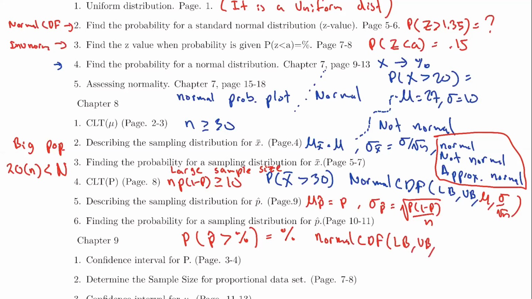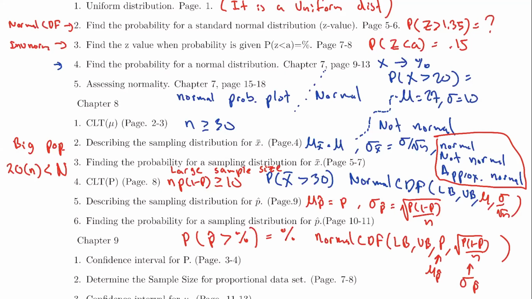But what makes it different from the normal CDF for when you're trying to find the probability of the sampling distribution of X bar is that you want to enter p, and you also want to enter the square root of p times 1 minus p divided by n. And this will be your mean of p hat. This will be your standard deviation of p hat.